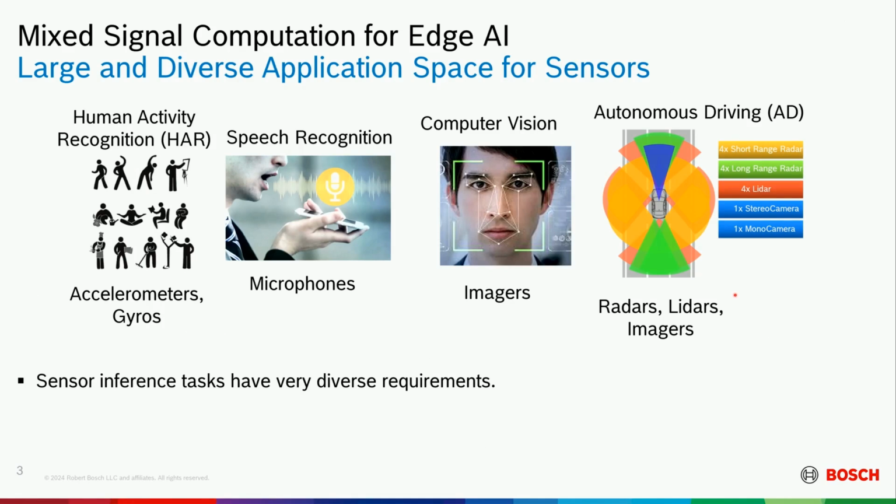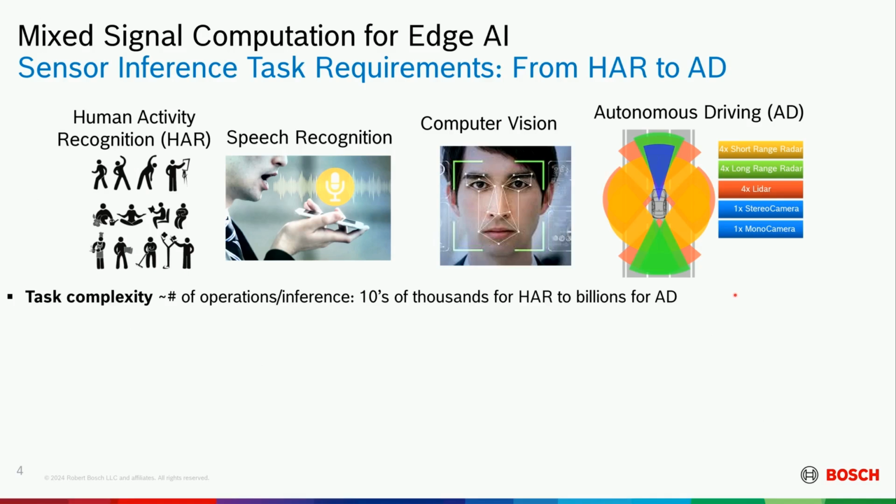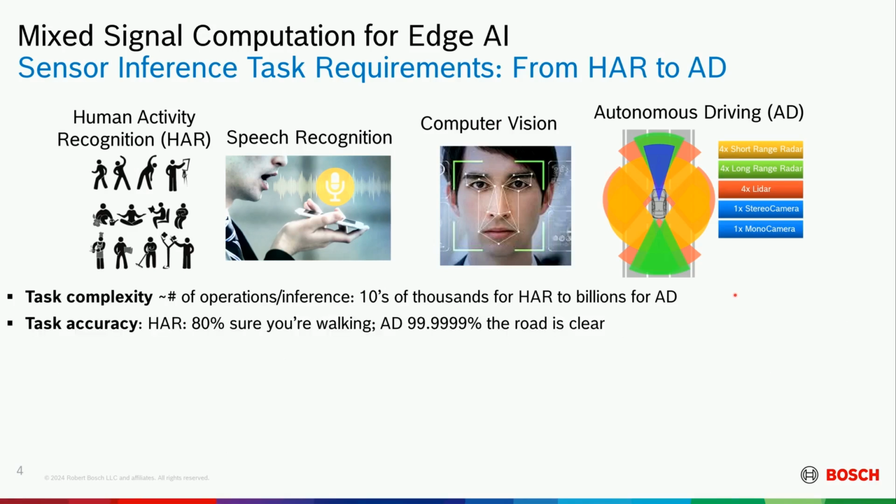These inference tasks have very diverse requirements. For human activity recognition, we may have very small networks doing only tens of thousands of operations per inference, but for autonomous driving, it may be in the billions. And that can mean much different hardware.